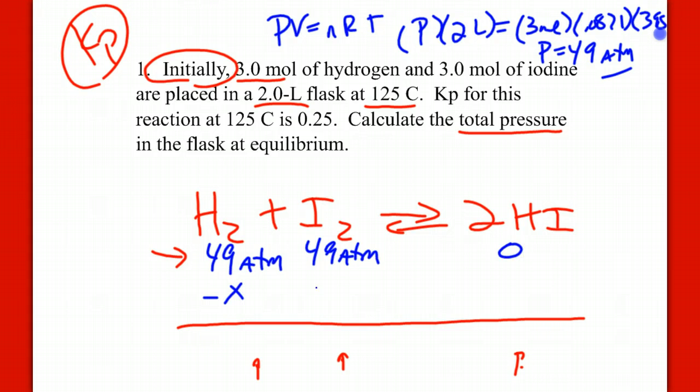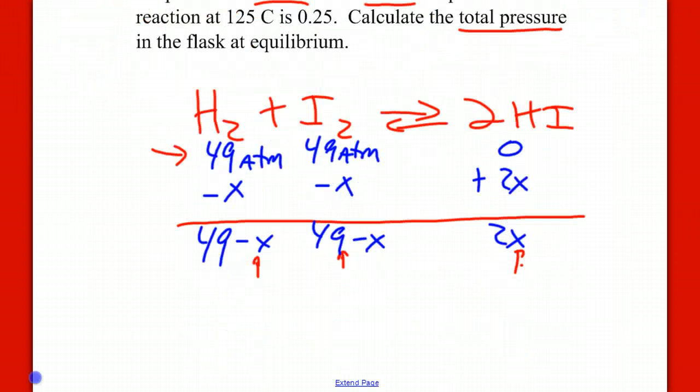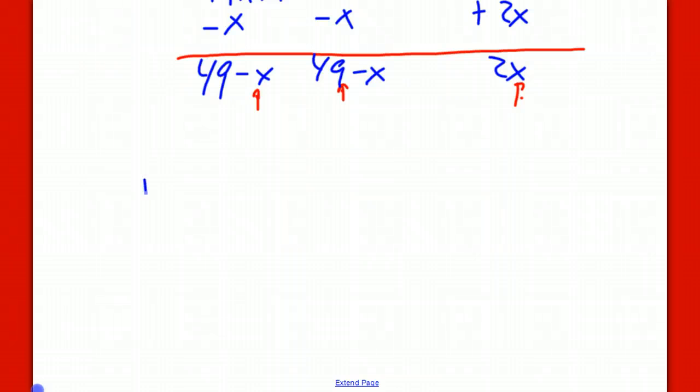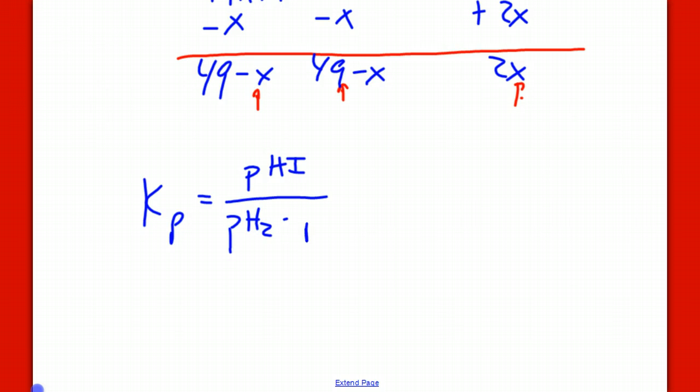X amount reacts, you make 2x here. So at equilibrium, I have 49 minus x, and 2x. So I'm going to write the Kp expression now. Kp is going to equal the pressure of HI over the pressure of hydrogen times the pressure of iodine.